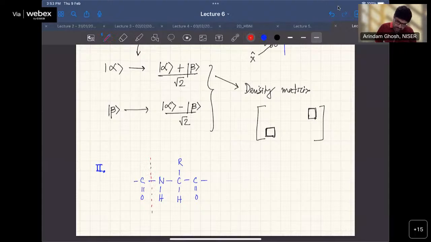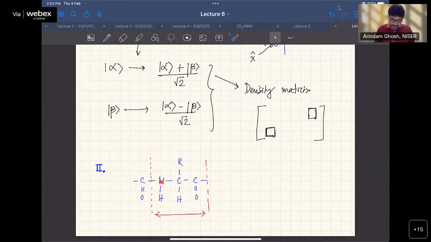Those who are experts in protein can tell it; I'm not an expert in this. This is one residue, and this gets repeated, correct? Now I have this H, called the amide H, then this nitrogen, then the C alpha carbon, and then the alpha H, and then you can have different R for different residues.